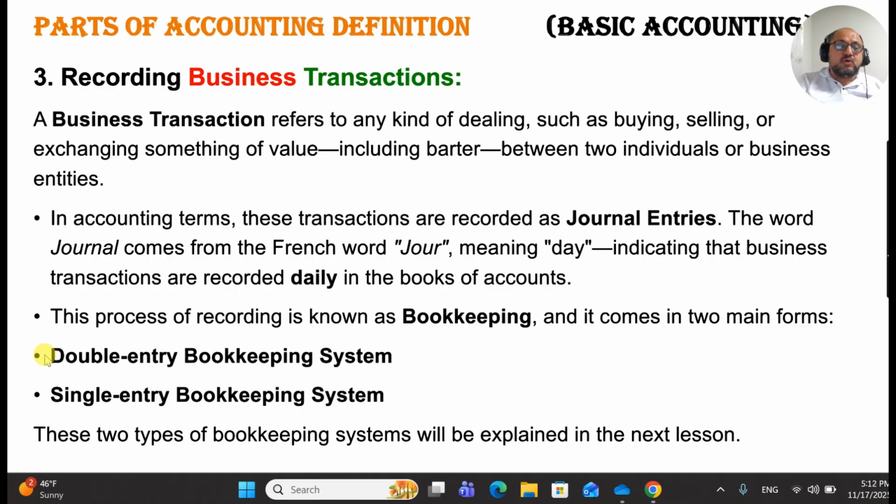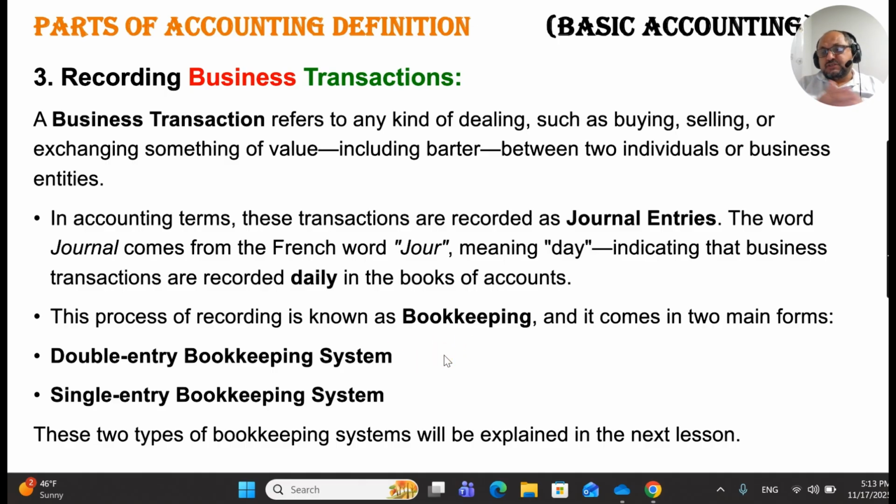The double entry system is used by business firms, NGOs, government agencies, UN organizations, any kind of business, any kind of activities done for daily transactions, for daily dealing, for the improvement of people, for the improvement of the business.